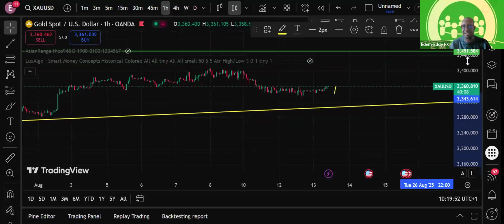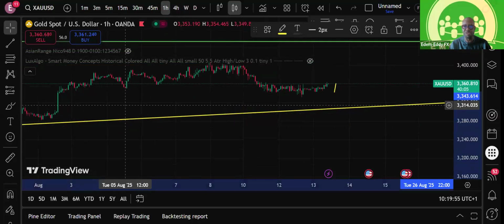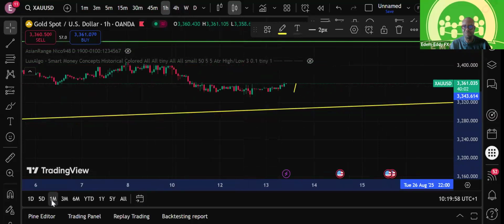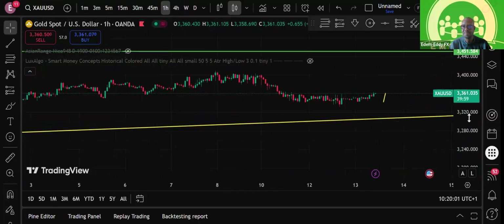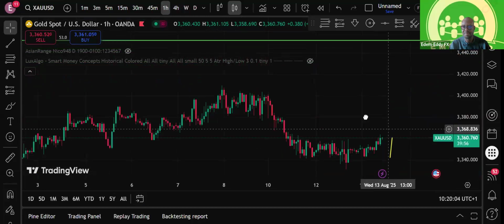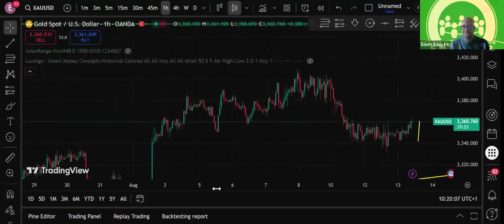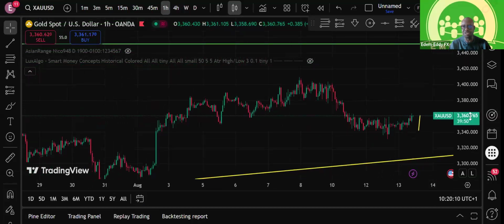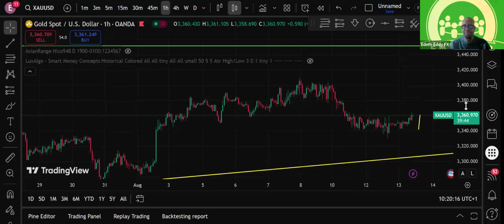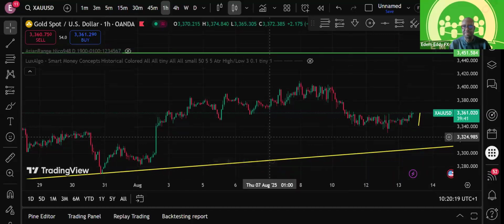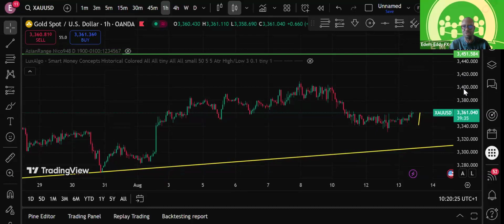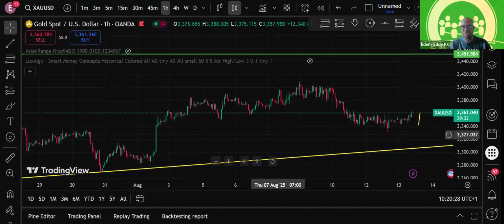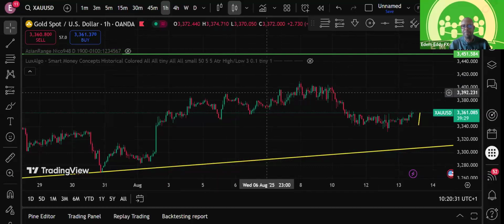For me, I like marking out my key points on the 1 hour chart. So basically, this is how our gold chart looks on 1 hour. On this 1 hour, you will be able to see the key zones or key levels where price reacted the most. And where price reacted the most will form your point of interest.